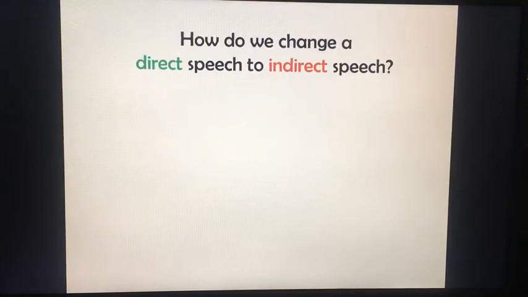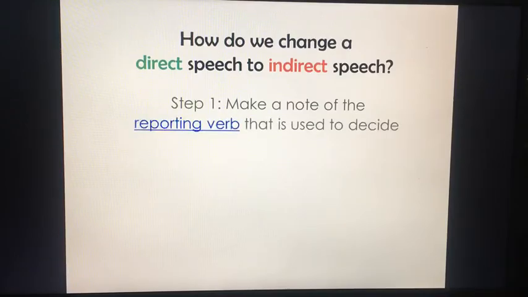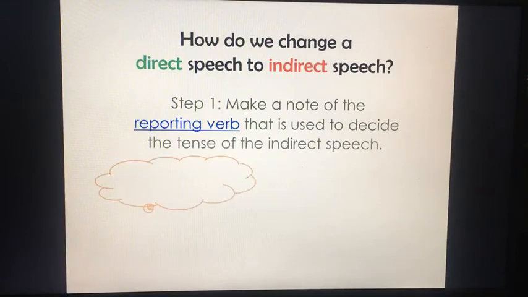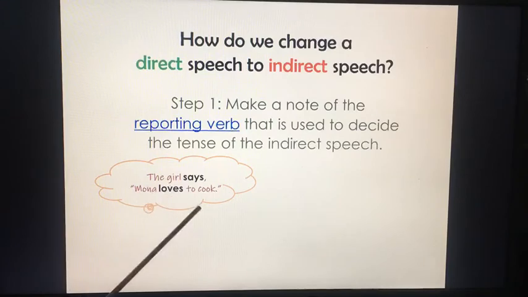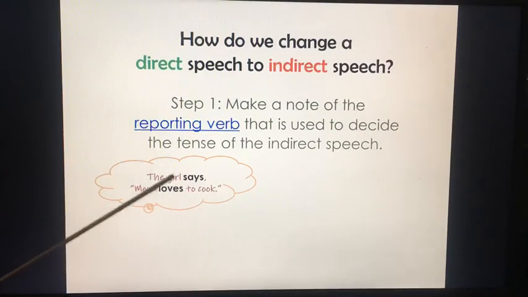So how do we change the direct speech to an indirect speech? The first step is to make note of the reporting verb that is used to decide the tense of the indirect speech. The girl says, "Mona loves to cook." The reporting verb here is "says," which is in the present tense form.